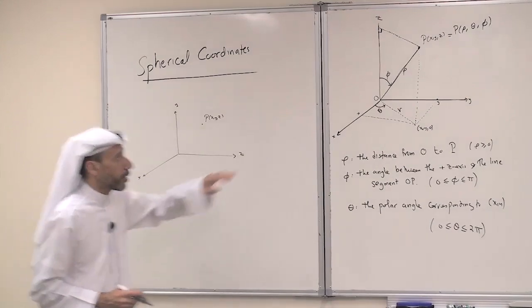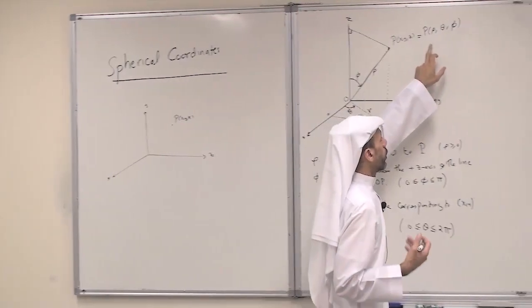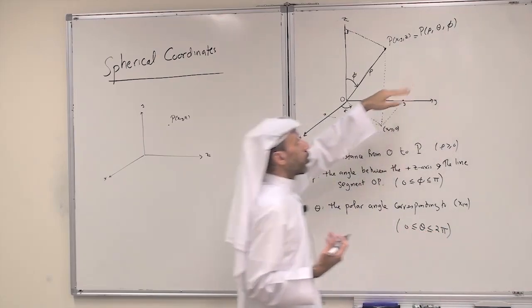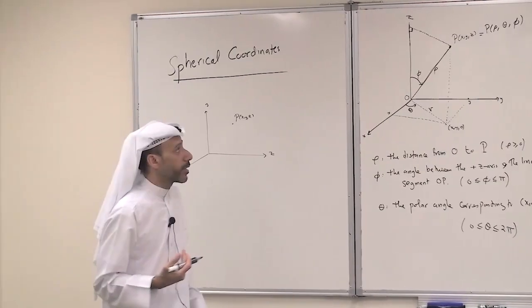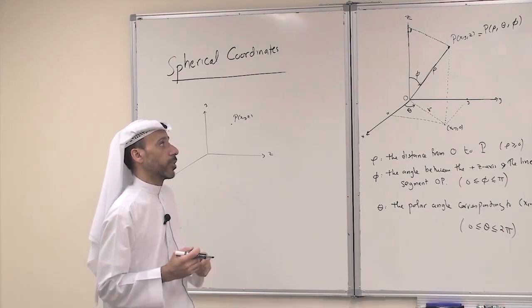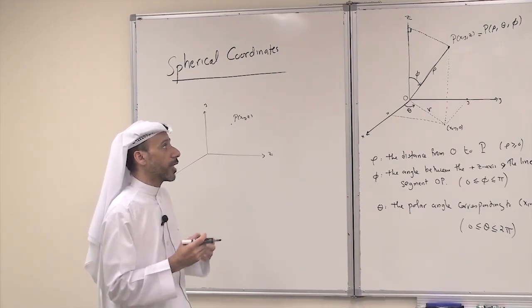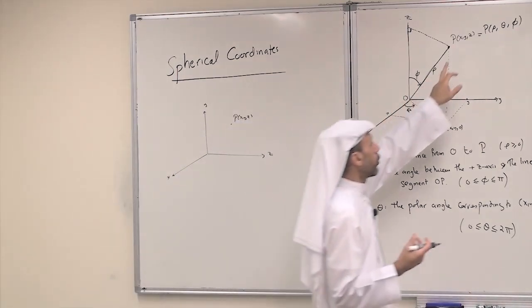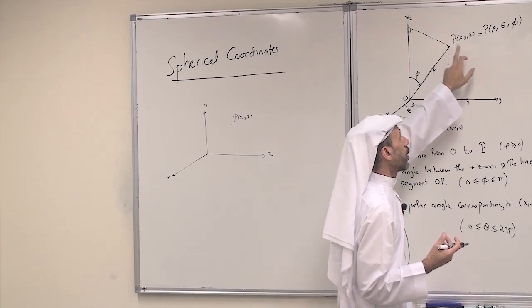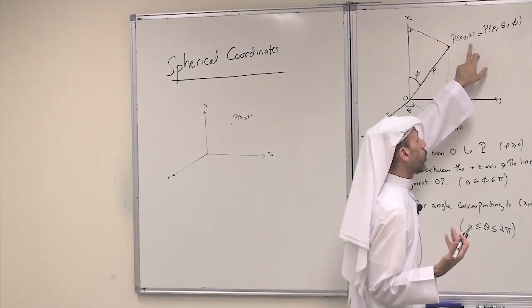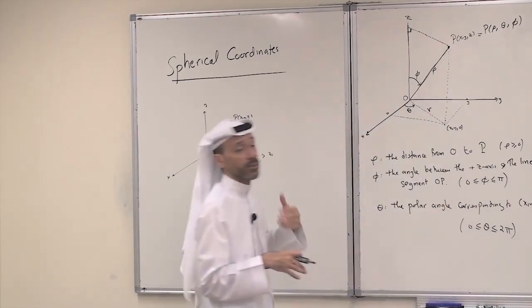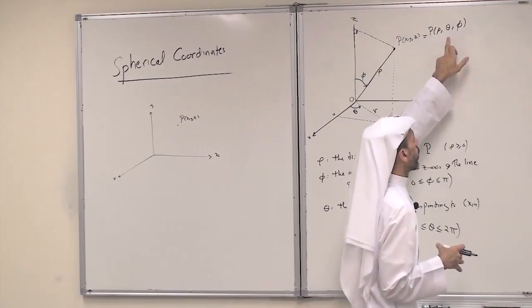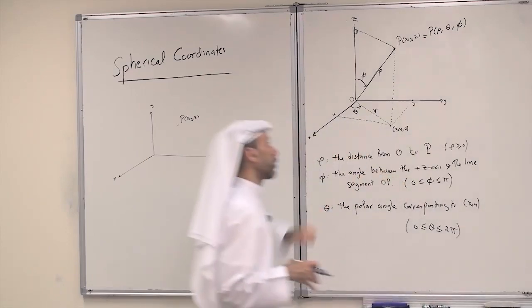So these are the three new numbers, rho, theta, and phi, and they are called the spherical coordinates of the point. This is how to define a new description of the same point in space. We can use either rectangular, the usual, familiar way, or the new way, which is the spherical coordinates that consist of the three numbers rho, theta, and phi, as defined.